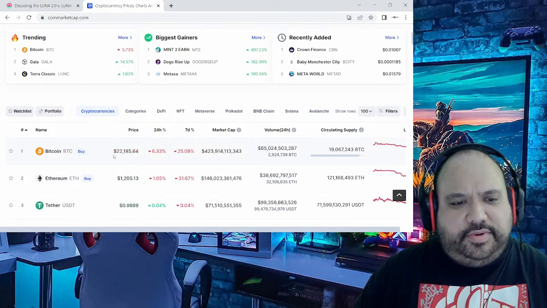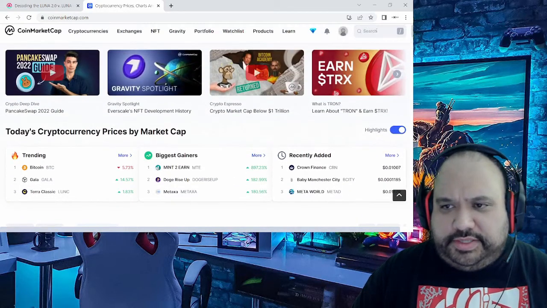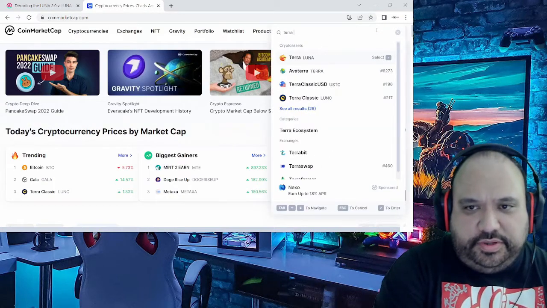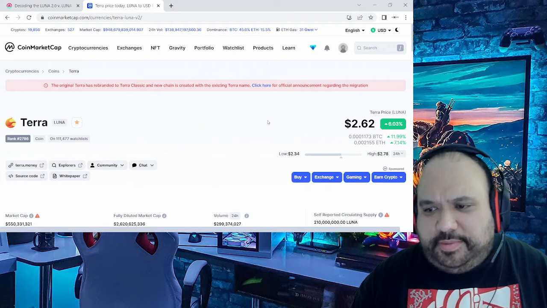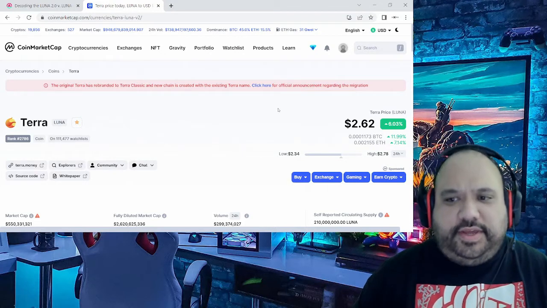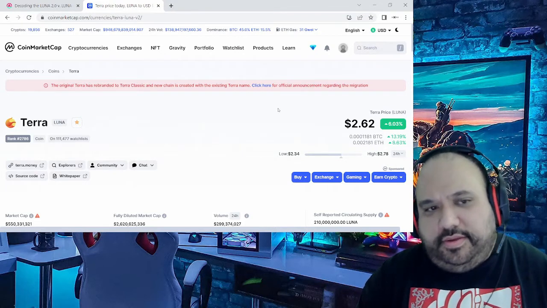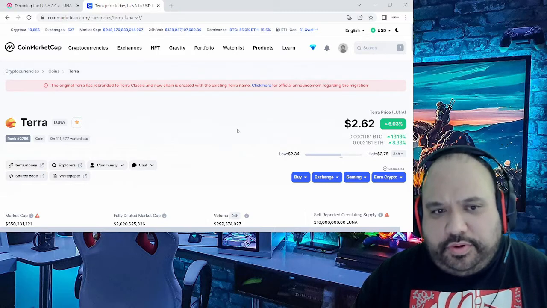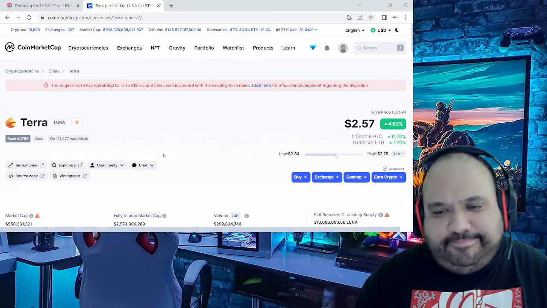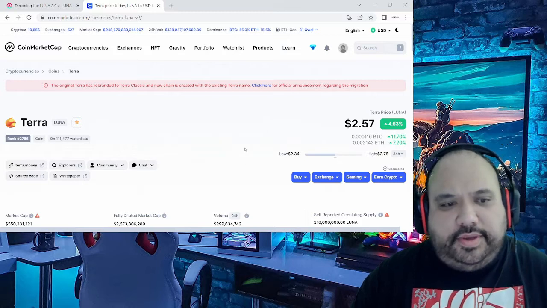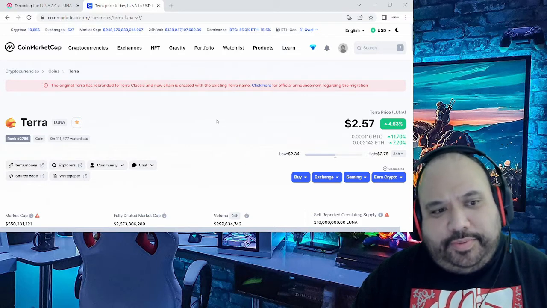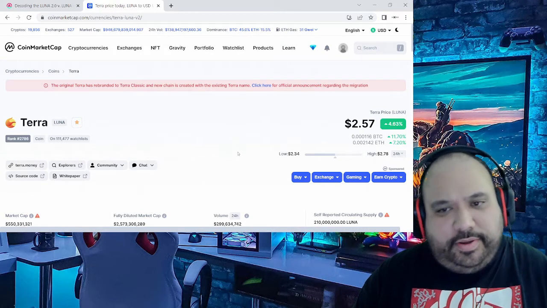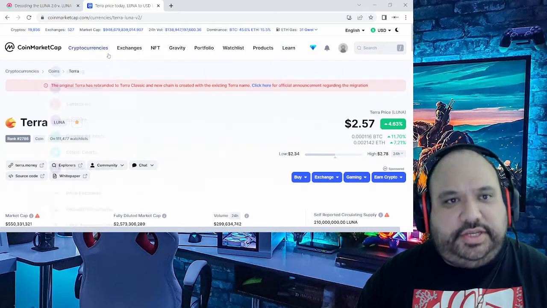I did see Bitcoin drop to about 21K last night. But in regards to the new Terra 2.0, it's slightly up 6%. But come on, a few days ago this was like 350. Things are a little bit more in the green, but for how long? Again, there's not much excitement in regards to the whole Terra 2.0. I'm personally thinking it might go to a dollar or under, or crash to 80 cents.